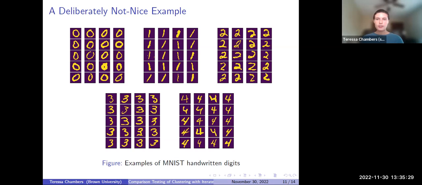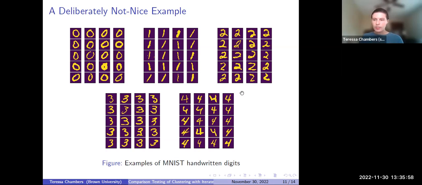In this database, every digit consists of a 28 by 28 pixel assortment of zeros and ones, basically, where someone's handwritten version of 0, 1, 2, 3, and 4, and so on, has been converted into an image.